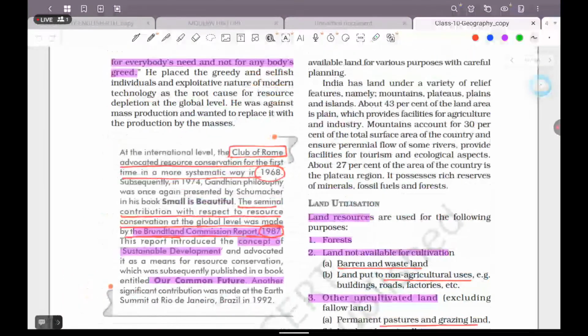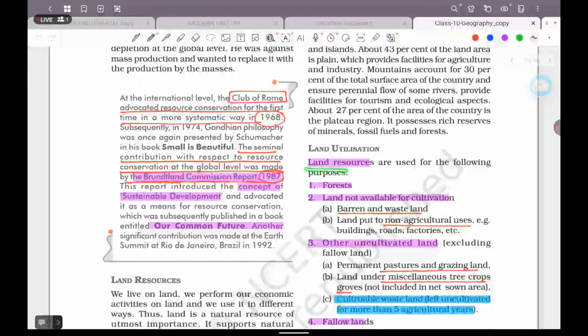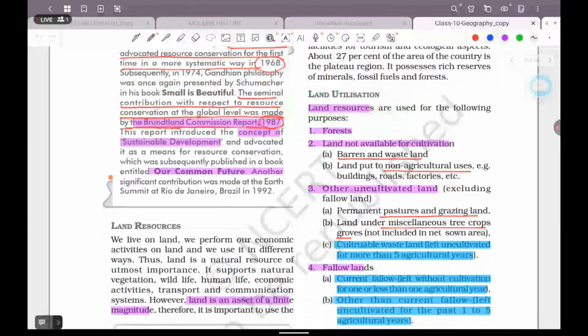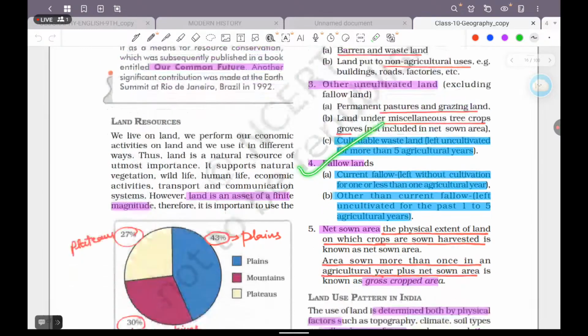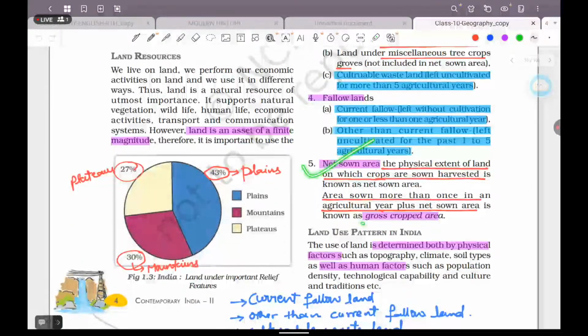So here the land resources are like forest, land not available for cultivation, other uncultivated land, fallow land, net sown area, and gross cropped area. So here two terms are given.